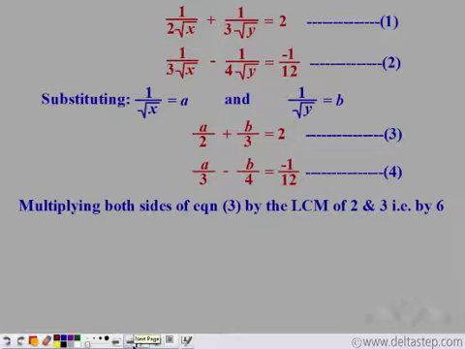Multiplying this by 6, we get a by 2 into 6 gives us 3a plus b by 3 into 6 gives us 2b equal to 2 into 6 gives us 12. So let us call this equation 5. 3a plus 2b equal to 12. Let us call this equation 5.